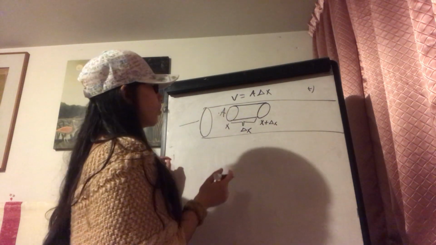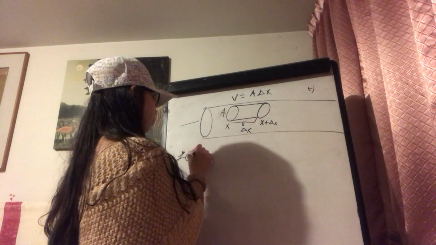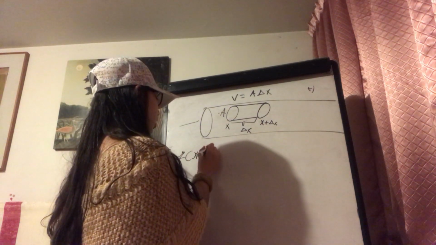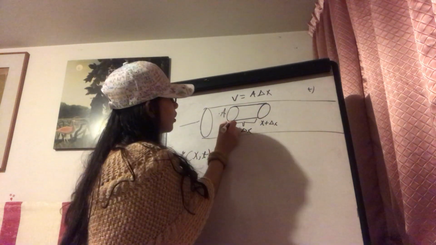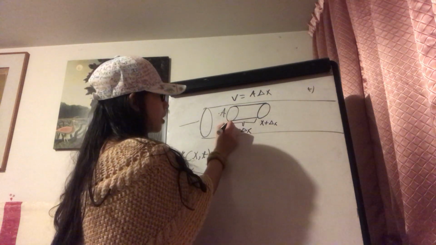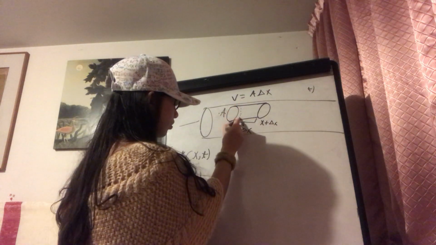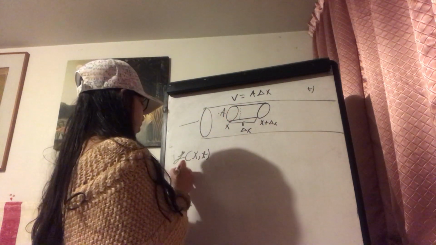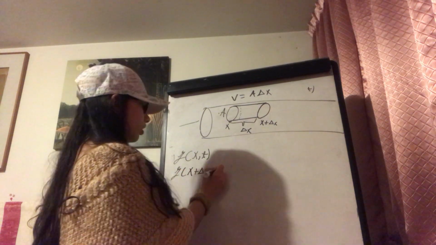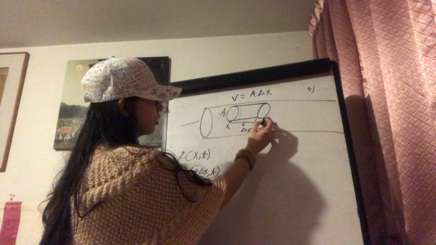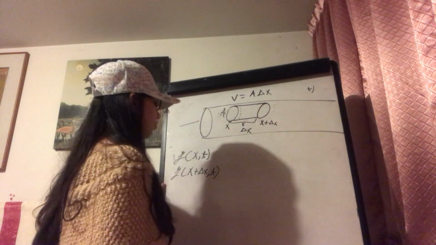But for now let's suppose that the function y of x, t represents the displacement of the particles that are here. So for example, y of x plus delta x, t represents the movement of these particles in the x direction.